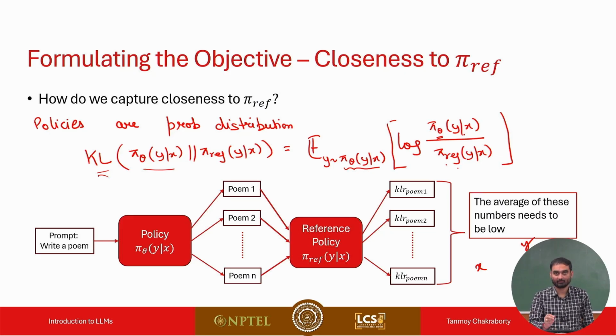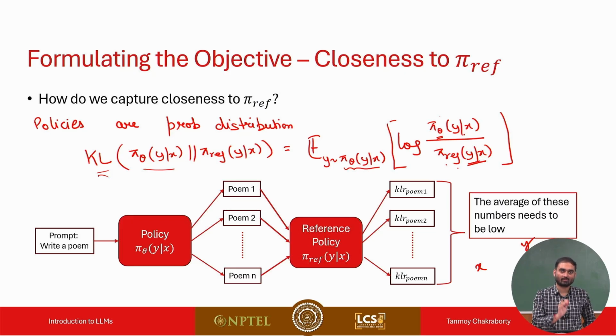Remember there are two models, the reference policy model and the current policy model. Your reference policy model will say what is the probability of y given x. Your current policy model will say what is the probability of y given x, right? You take the log of this ratio and you take the expectation, because there are many such y's given x, right? This is KL divergence.